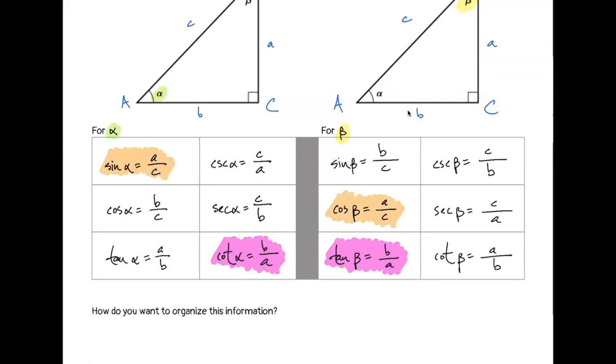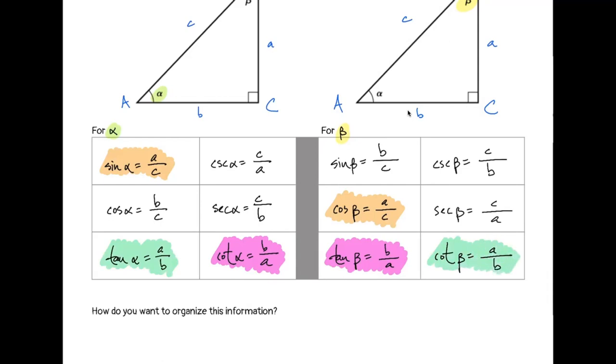Can someone find a third pair where something on the left is the same ratio as something on the right? The tangent of alpha is the same as the cotangent of beta. Yeah.